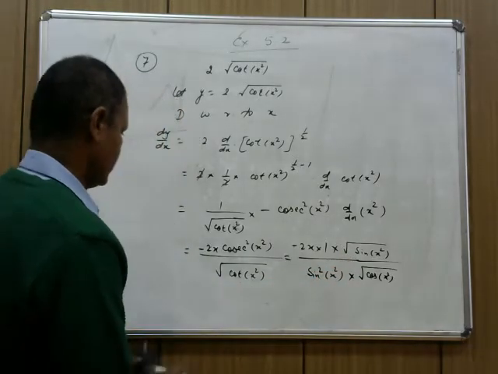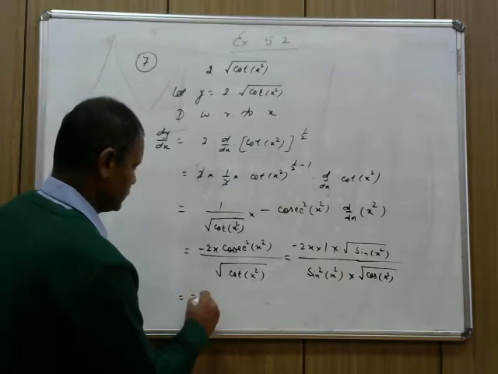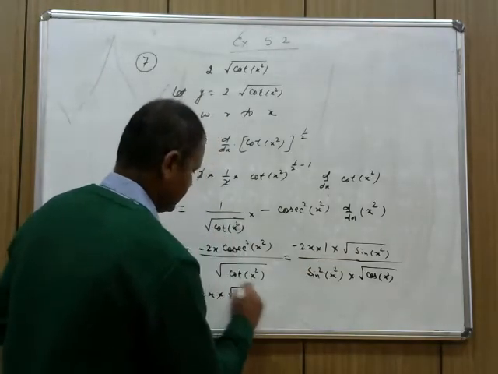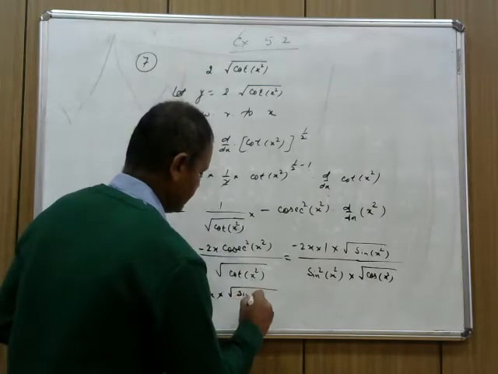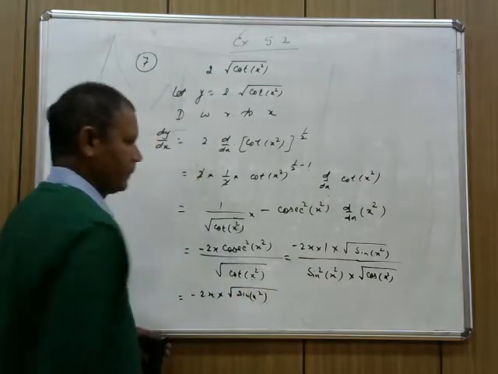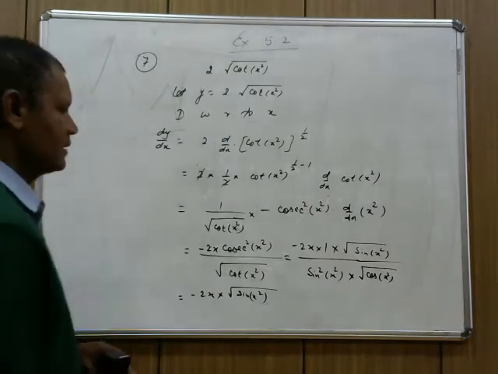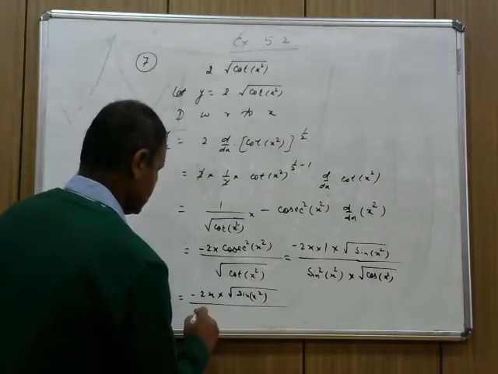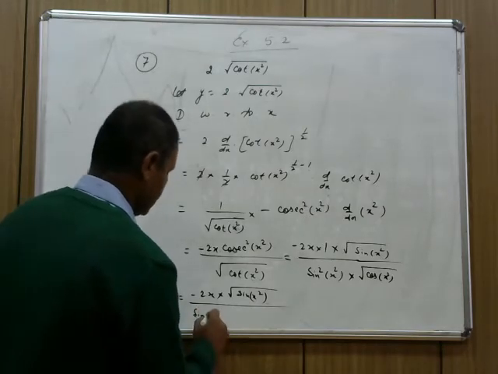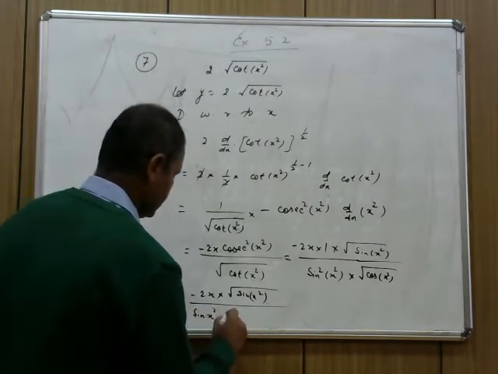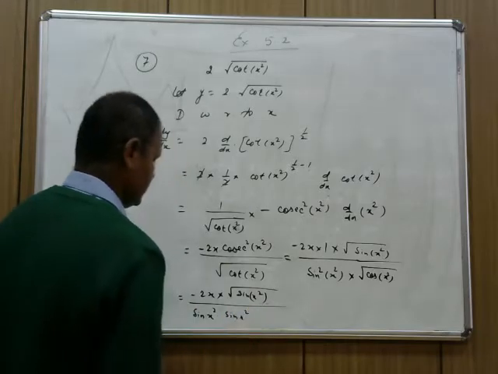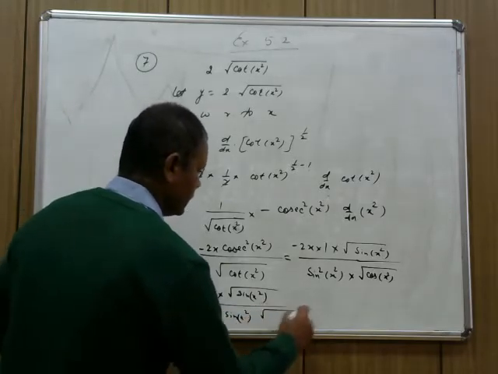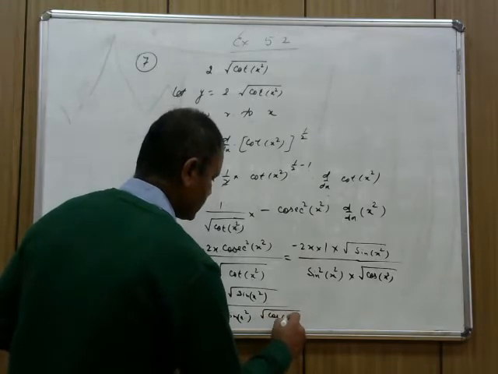Now tell me what we have. Minus 2x into under root sin x square. Here we have sin square x square. Can I write here now sin x square into sin x square, into under root cos x square?